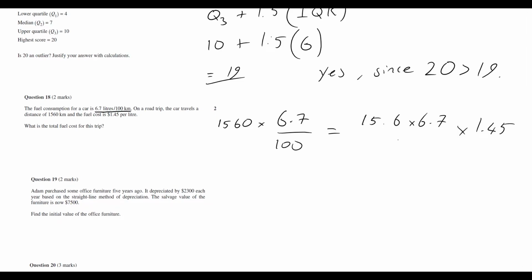Now, the reason that I haven't bothered working out every single little step of the way what every number will be is because that can waste a little bit of your time in an exam condition. So just to make sure that we know what we're doing, we can write it out simply in terms of multiplication, and then we'll get our final answer at the last step. So 15.6 times by 6.7 times by 1.45 will give us an answer of $151.55. There we are.